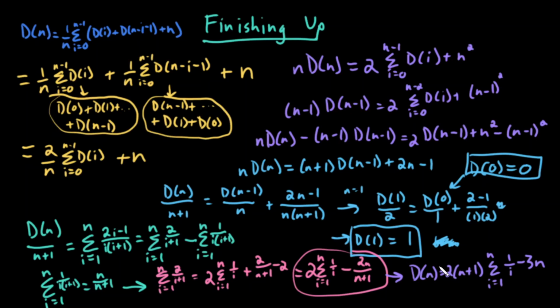We can approximate this to show that the expected value of a find operation is roughly 2 times quantity n plus 1 over n times natural log of n minus 3.